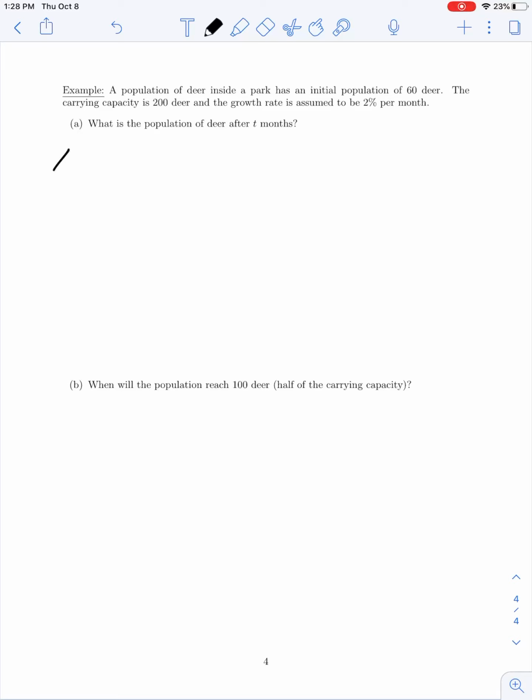So here, using the expression that we found in our first example for the solution of the logistic growth model, we have y of t is equal to k times y naught over k minus y naught times e to the negative rt plus y naught. So let's substitute in the values that we were given in this problem.